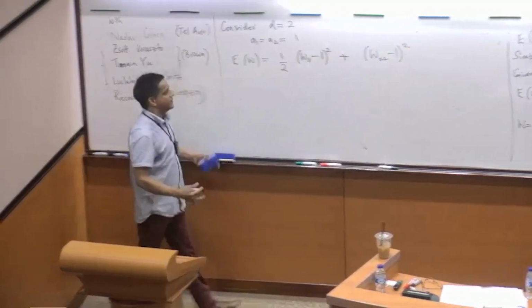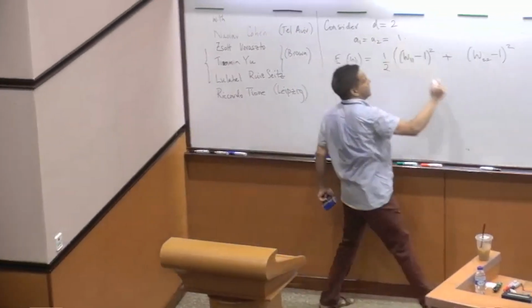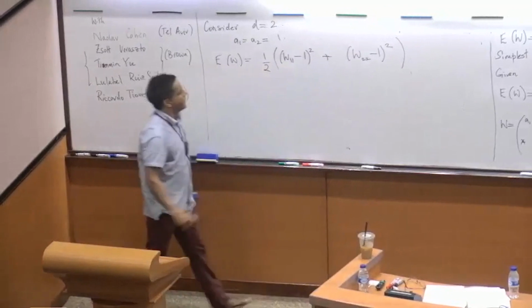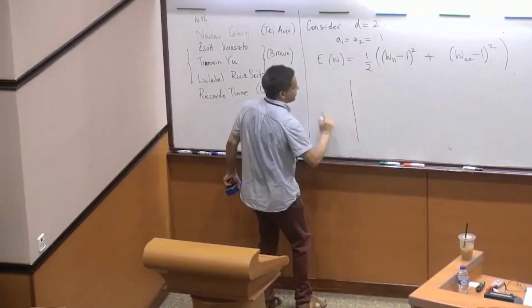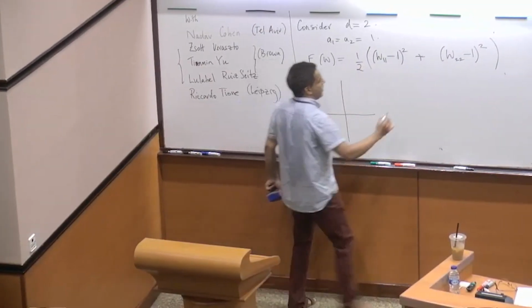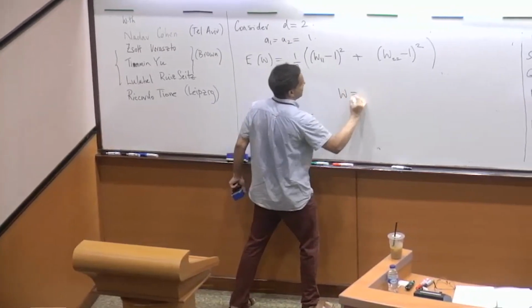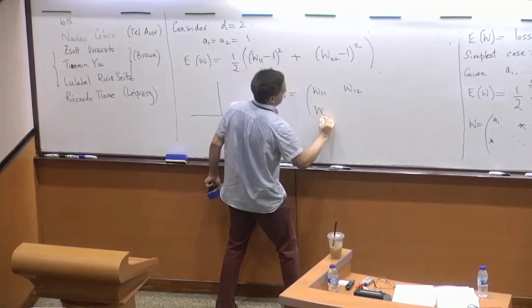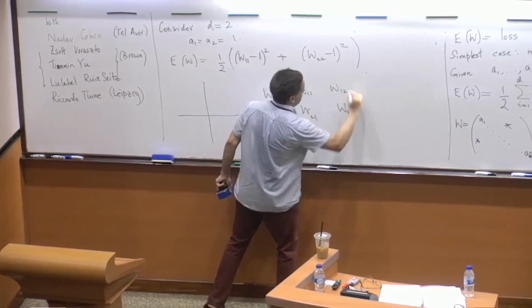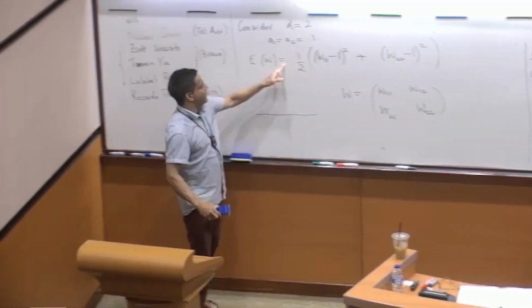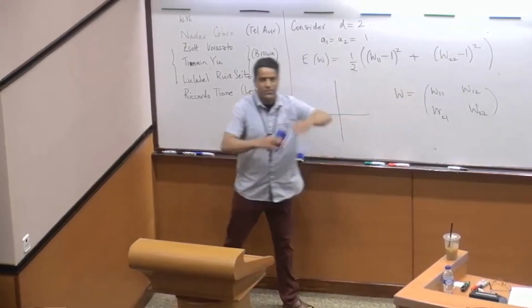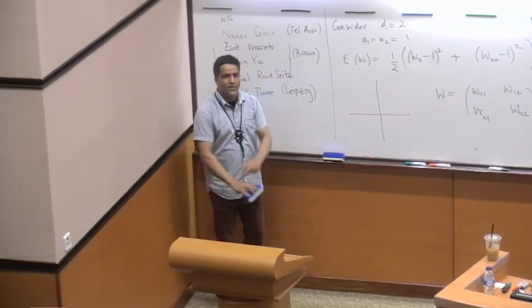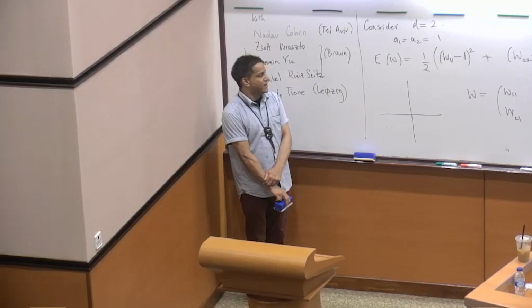Okay, so I've got this super simple energy function. Let me make a picture of the 4-dimensional space. So W is now W11, W12. Okay, so I've got this quadratic function on a state space which is R4, and I want to know where this quadratic function is equal to 0.